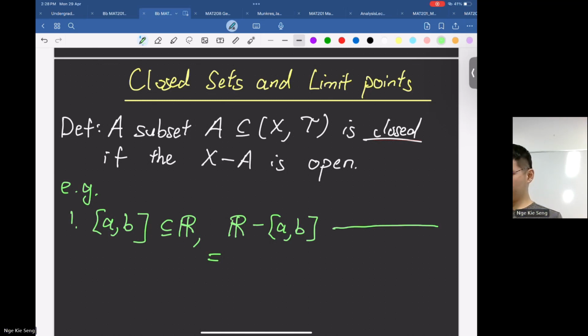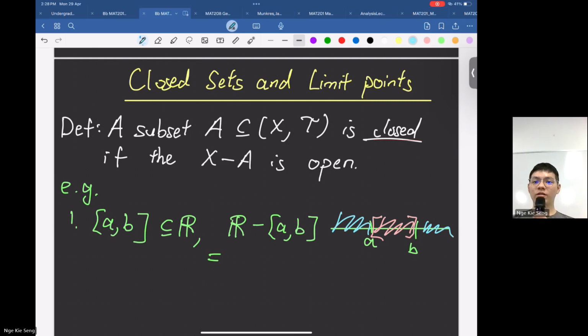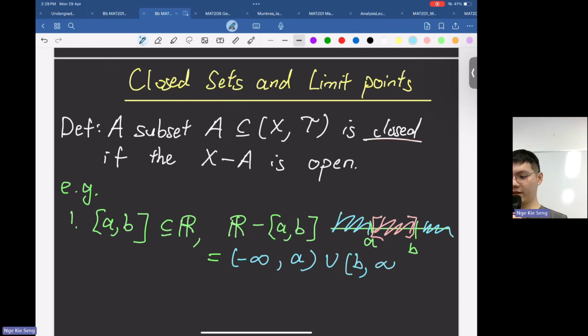You take the real line and an interval AB, the closed interval, and then you take the complement. It is minus infinity to A, open at A, union with B to infinity, open at B. These two sets are open, and the union of two open sets is open. So the complement is open.